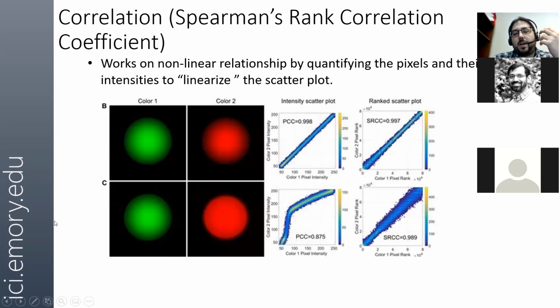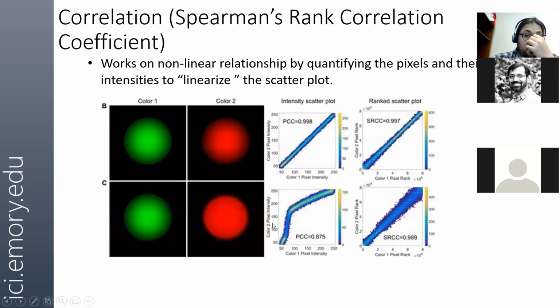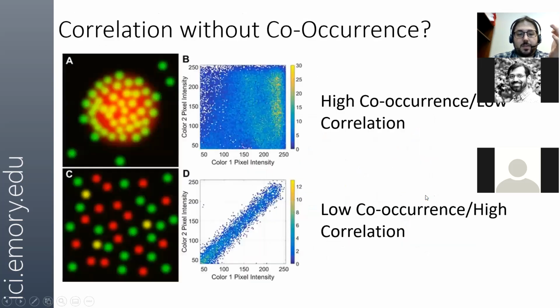For C, where the relation is still correlated but not linear, you can see the PCC is lower than for B. But if it's treated with Spearman's rank correlation, we can get a better SRCC.